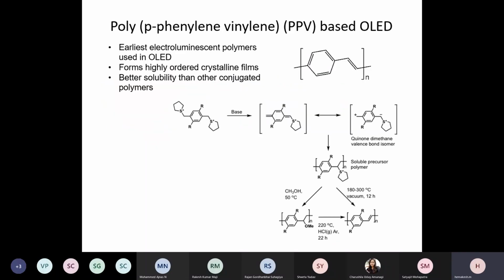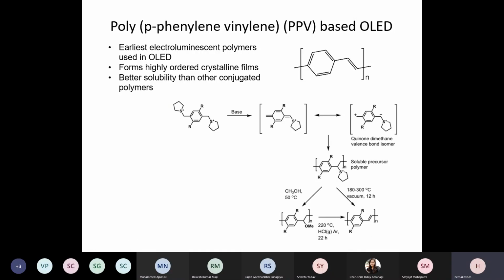For PPV, the synthesis, if you are curious, it is slightly different. We didn't talk about this when we talked about synthesis of conjugated polymers. It's kind of interesting and unusual. Starting material is this, but that is not the final polymer. When you take this kind of molecule and treat it with a base, it undergoes a rearrangement reaction that gives intermediates that then can act as a monomer for polymerization, and then it can polymerize, and then you can eject the remainder of the sulfur group to get to the final conjugated polymer.